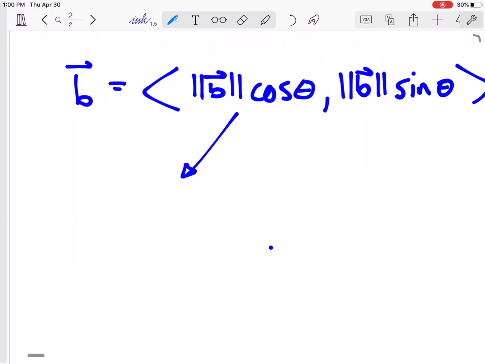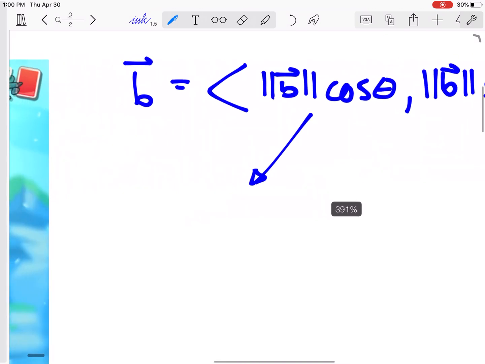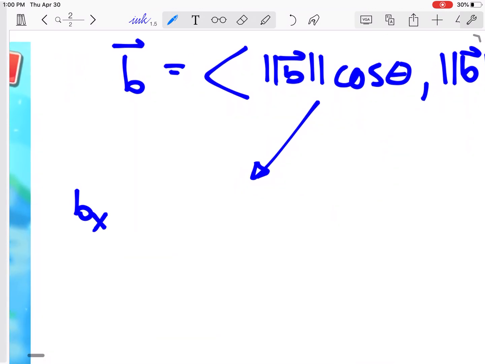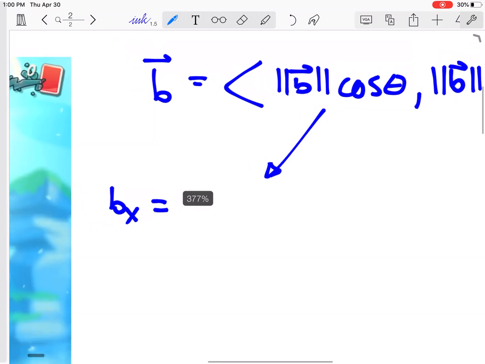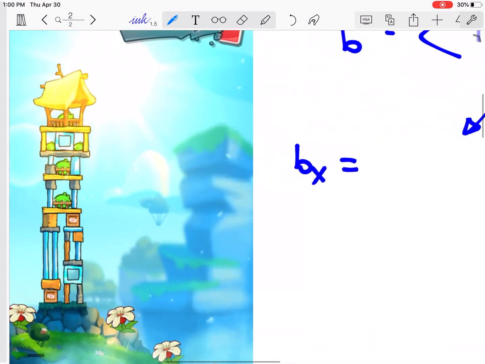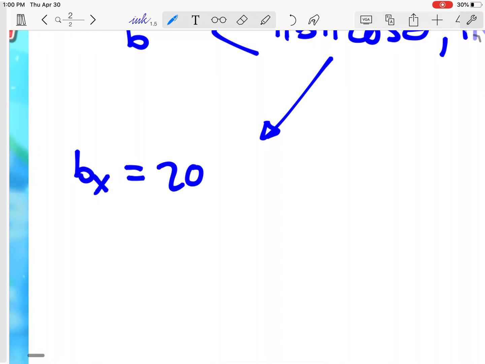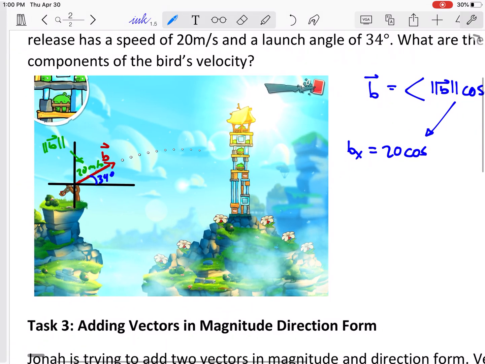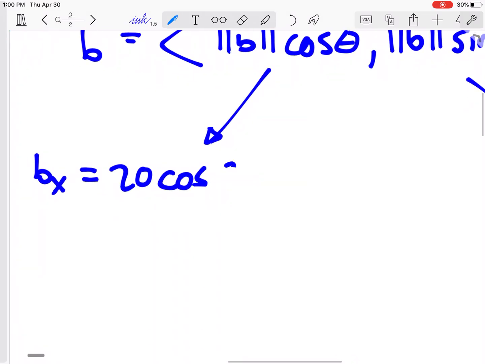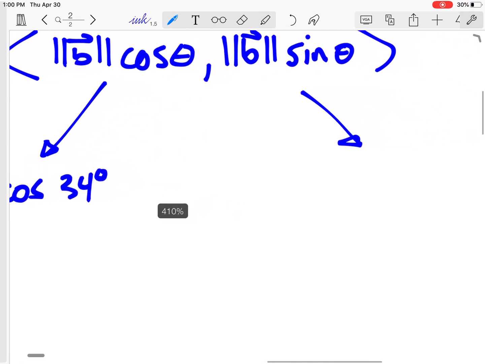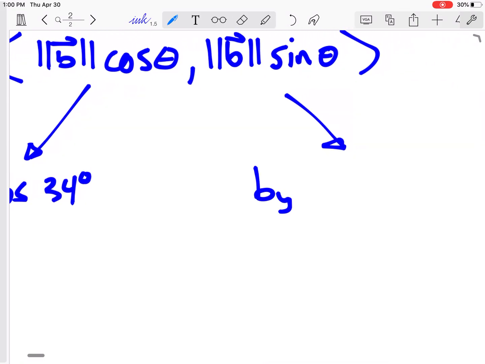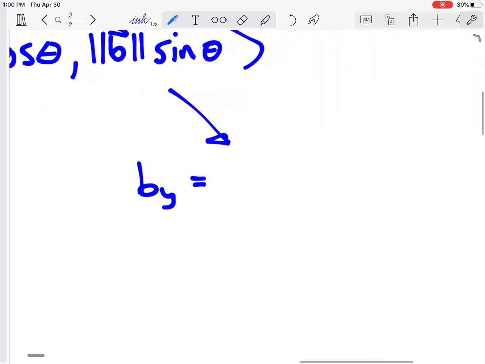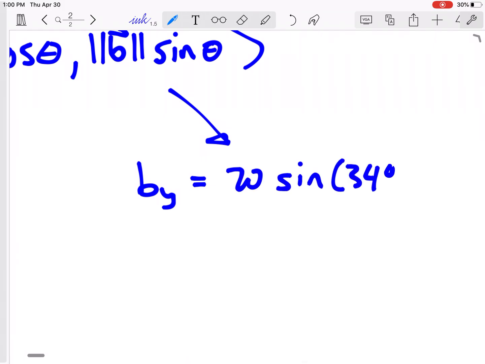I'll do them separately instead of writing them in here. This will be our horizontal component, b sub x, which will equal magnitude of b, which is 20, times cosine of the angle, which was 34 degrees. And the vertical component will be equal to 20 sine of 34 degrees.